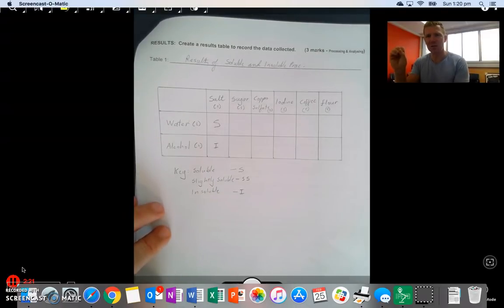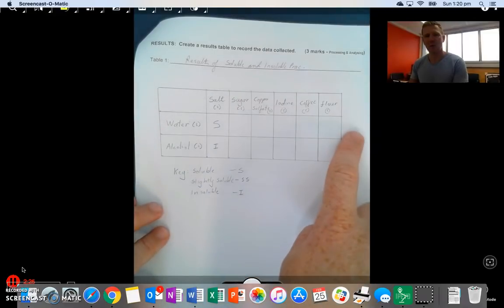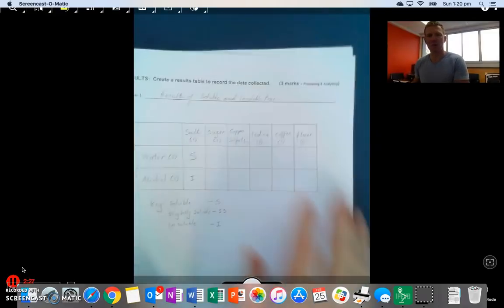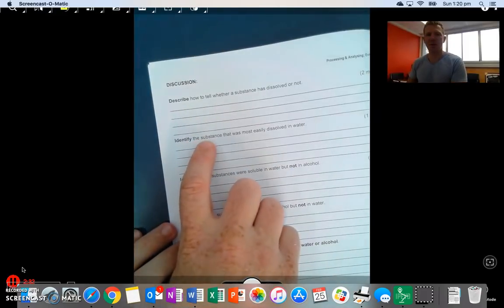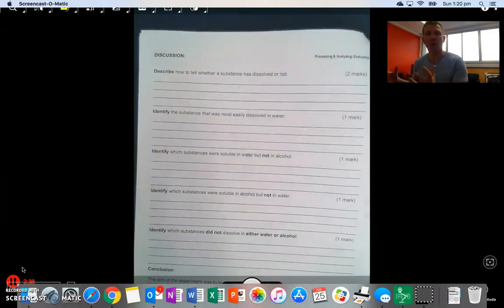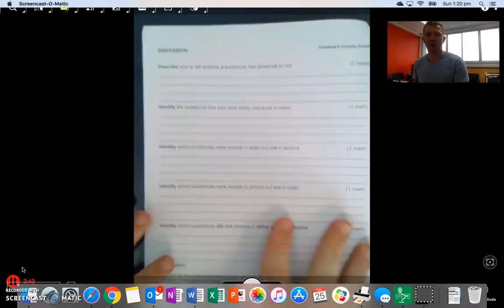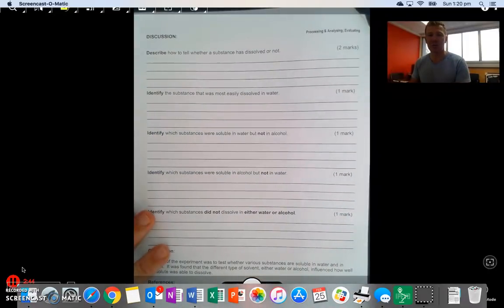What was absolutely soluble? In this case, we know salt is, and then whatever else results. So I go and get my results, and I can say salt, and what if there was another one. If it was only salt, you just put one answer. If it was salt and sugar, they both really easily dissolve in water. You could list them both. And that's all you have to do because it says identify.